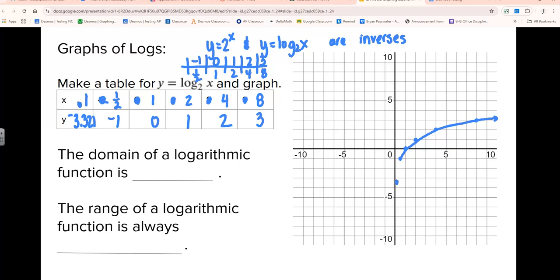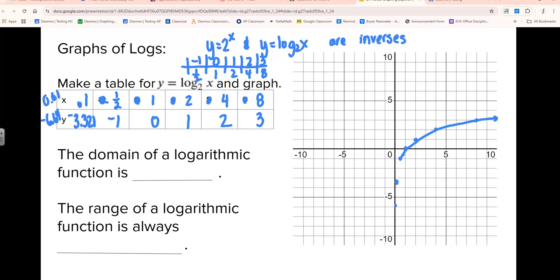What would be a number even smaller than 0.1, but also not 0? 0.05, 0.01, either one would work. Somebody type in 0.01. Negative 6.64. So 0.01 is practically on the line right there, right?